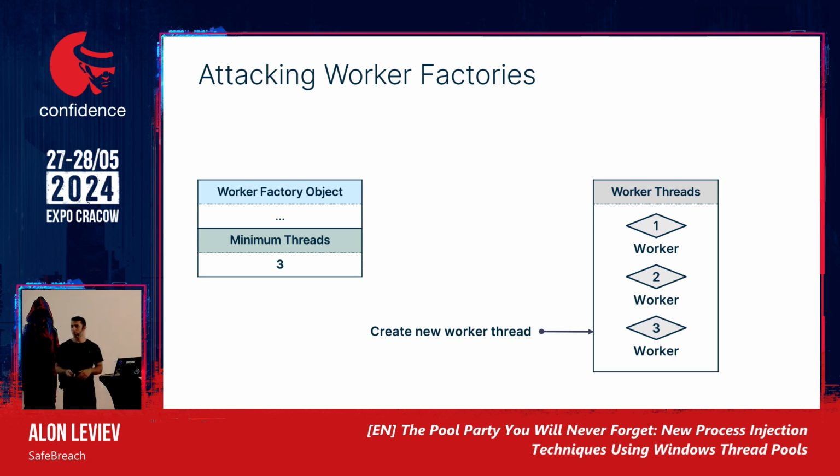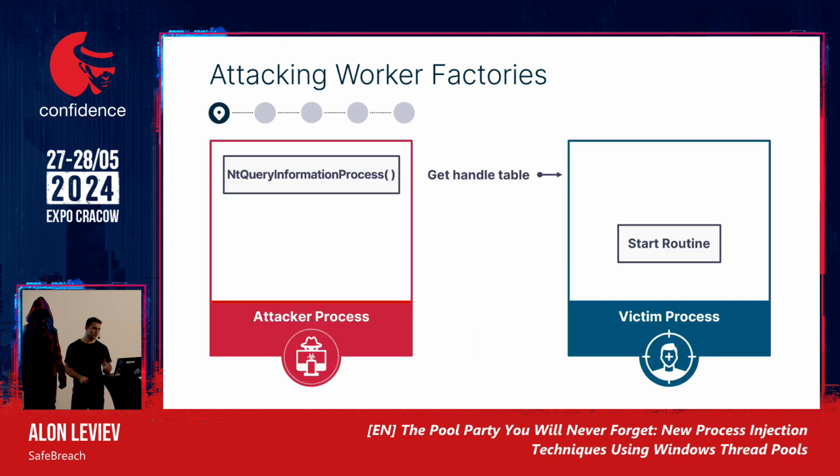So with that, let me show you the first brand new and fully undetectable process injection technique of the day. We start by getting the handle table of the target process, and we do it by using the NtQueryInformationProcess system call. Once we have the handle table, we iterate over it, and we duplicate the worker factory handle once we find it.